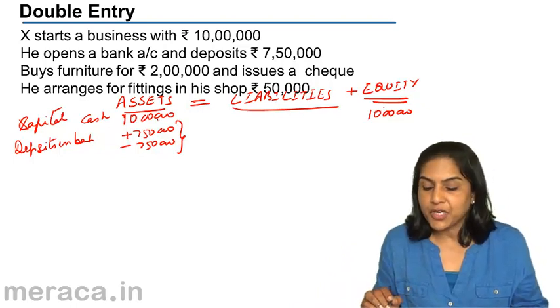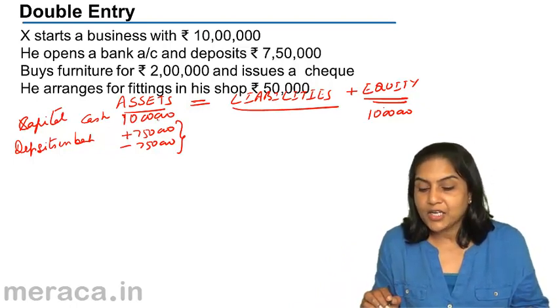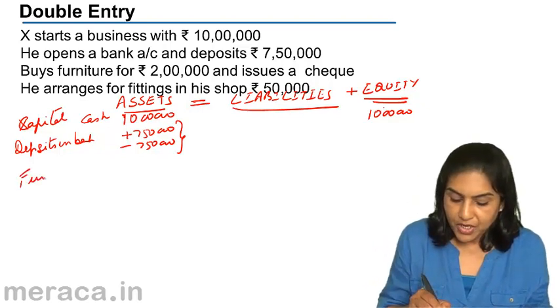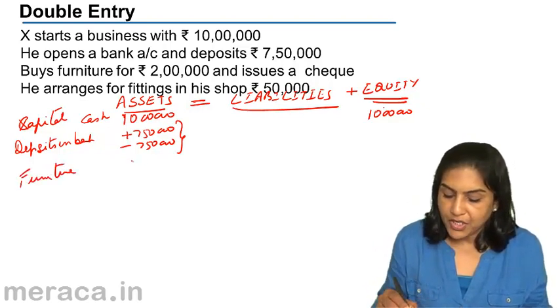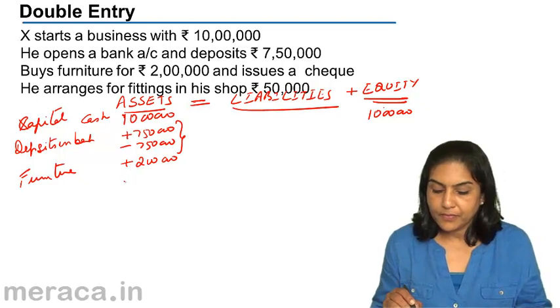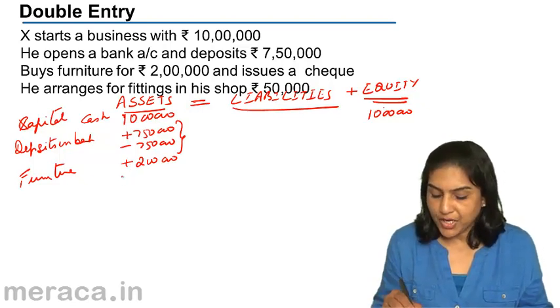Next, he buys furniture for 2 lakh and issues a check. So when furniture comes in, furniture plus 2 lakh. He issues a check, so money goes out from the bank.